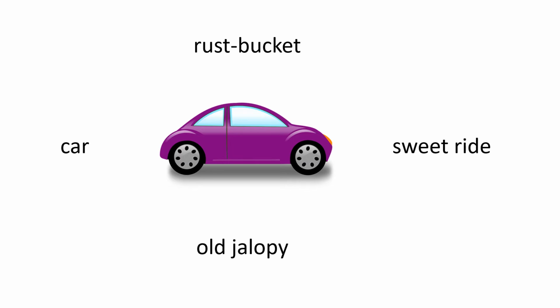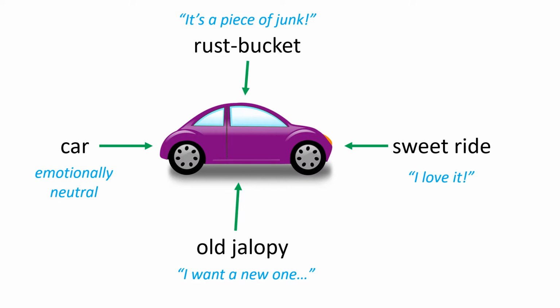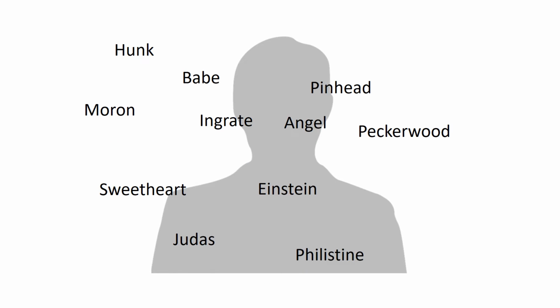When I do this, these terms serve both the function of designating the vehicle I own and drive, and the function of letting you know my opinion of that vehicle. We use words in this way to simultaneously point things out and express our opinion of them almost constantly, especially when we're talking about other people.